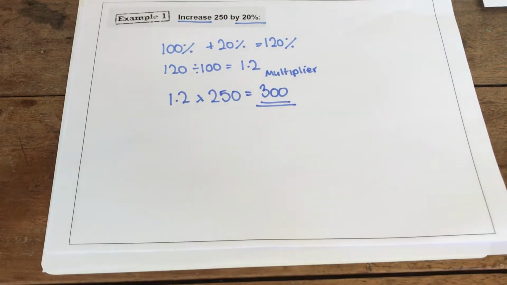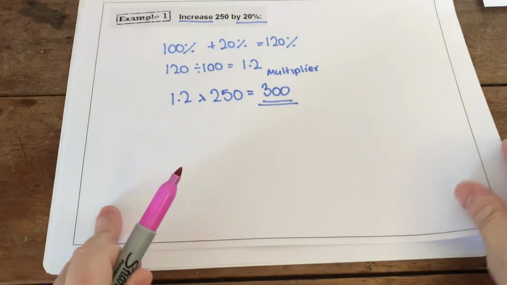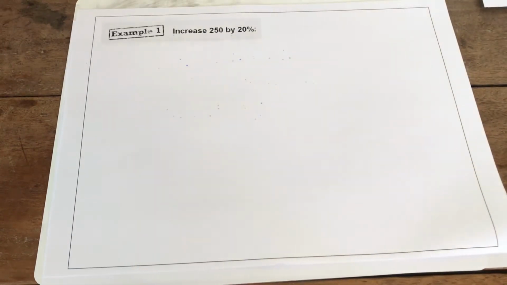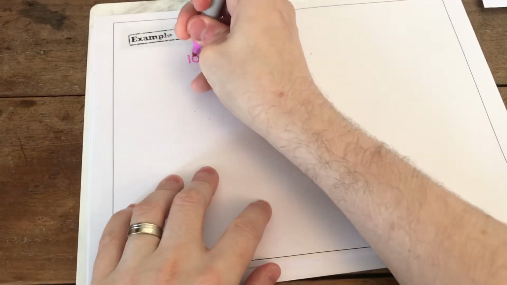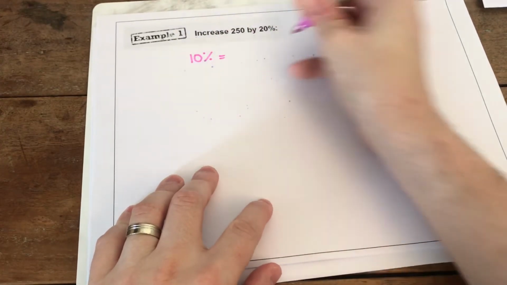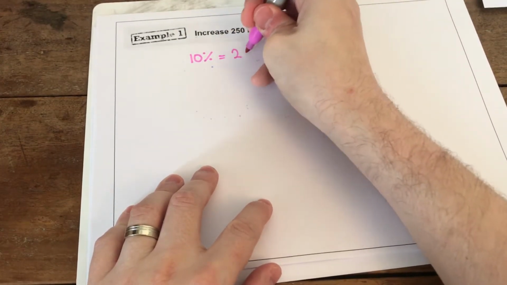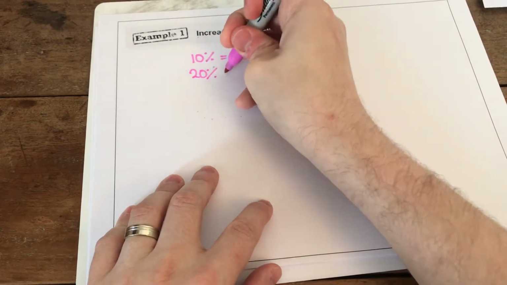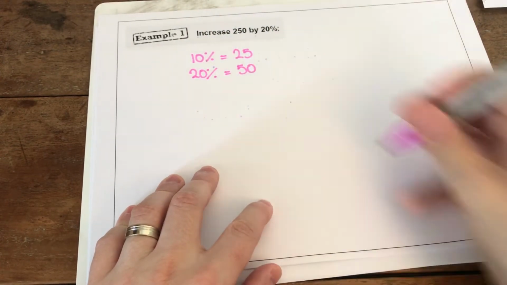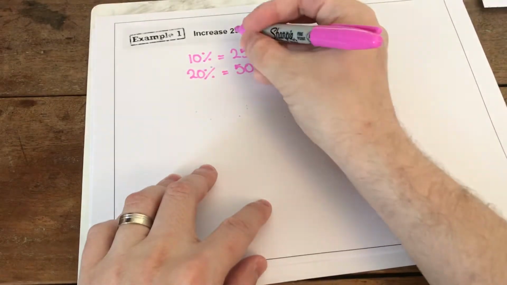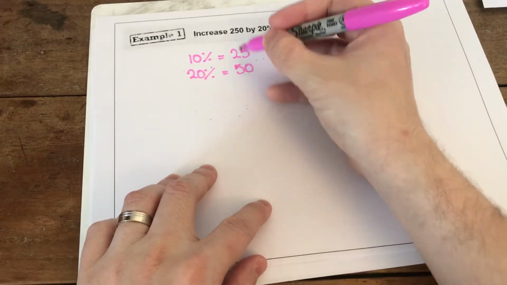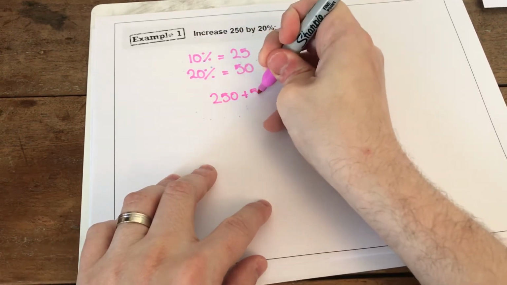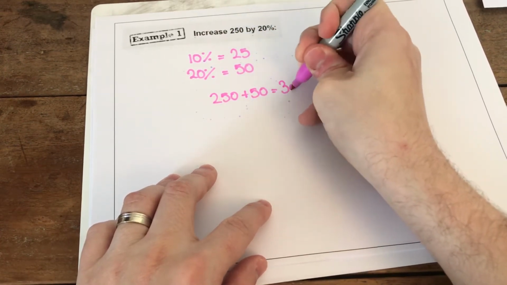Now, we can do this without using a calculator, or any of our other methods that we've used to find percentages of amounts. So for example, I can do 10% of this, and I can say 10% equals 25. I can say 20% is 50. And if I want, I can say an increase of 20% is my 50 added on, and that would give me 300.